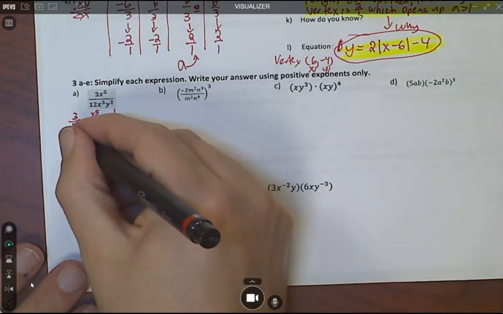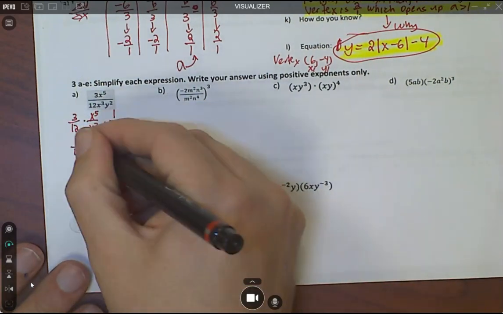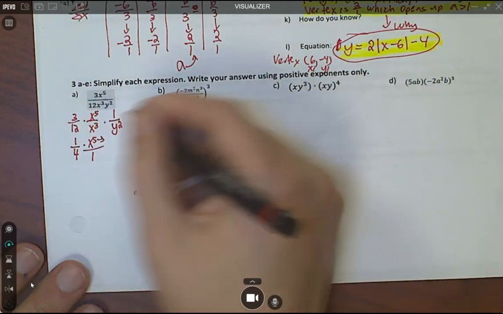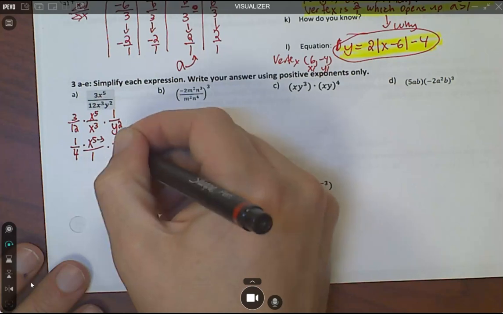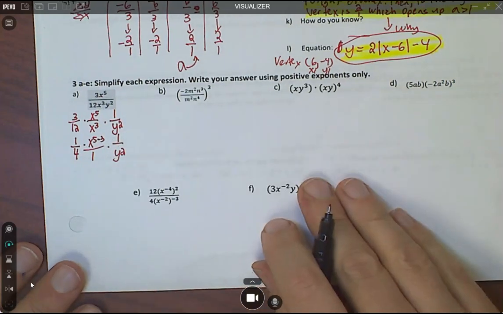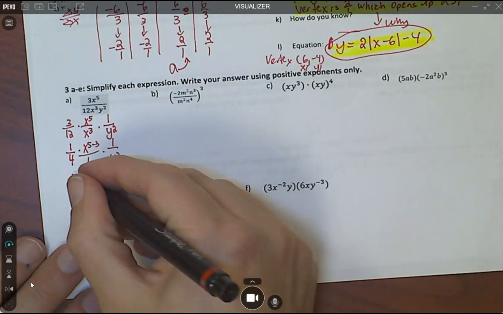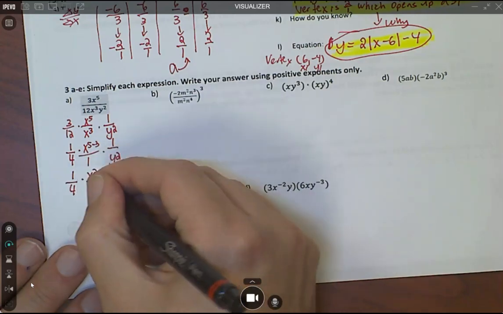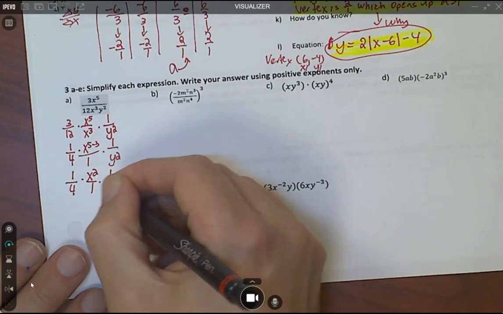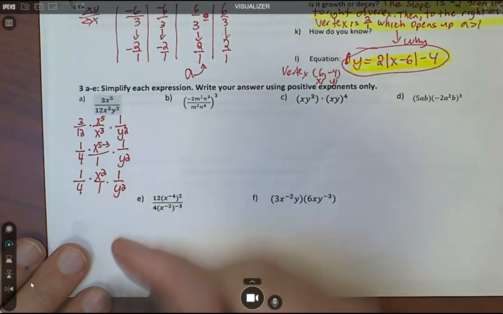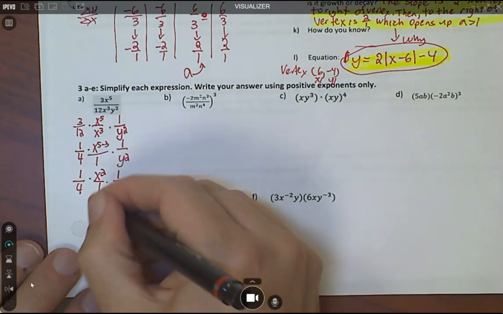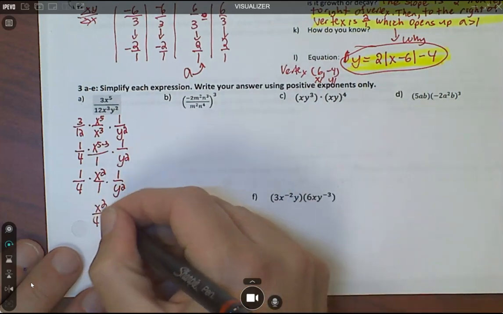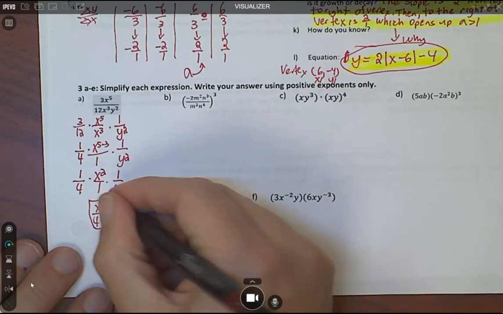And 3/12 is 1/4. And this would be 5 minus 3 over 1. And that's just going to stay where it is. Okay, 5 minus 3 is 2. Now it's just multiply across time. X squared over 4y squared. Those are all positive exponents.